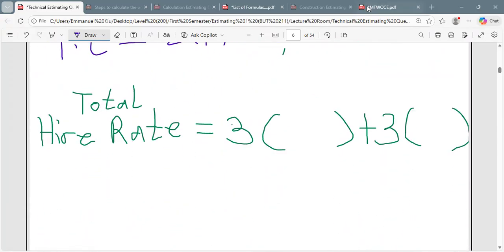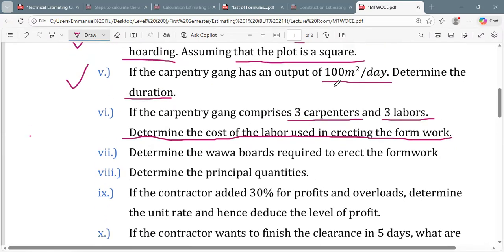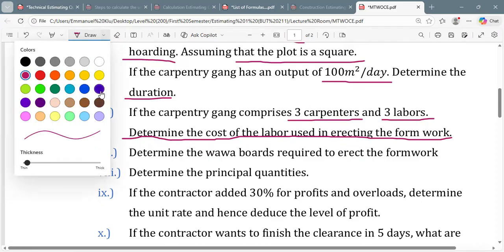This one I didn't specify because the total hire rate normally varies.